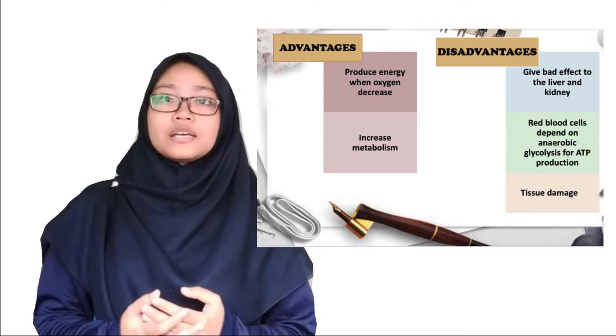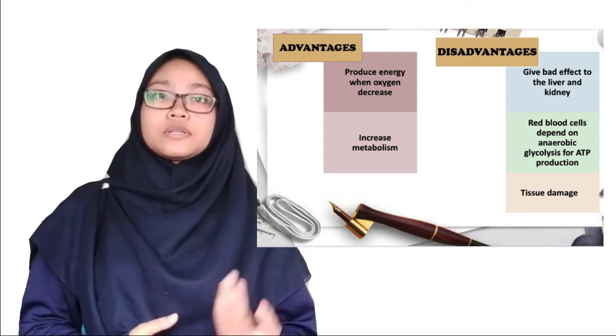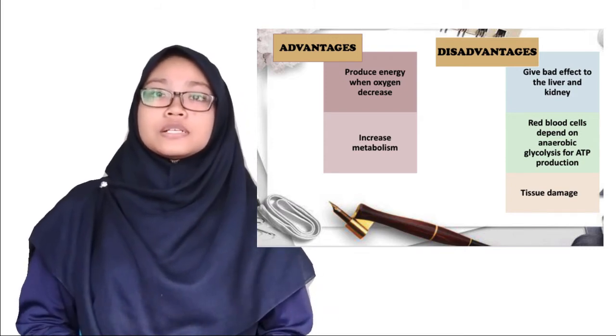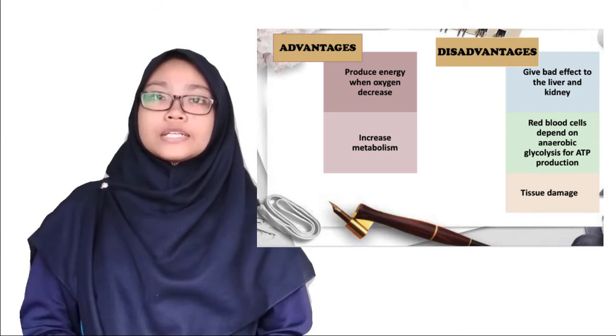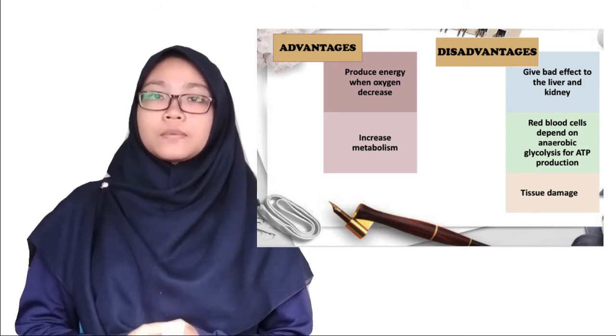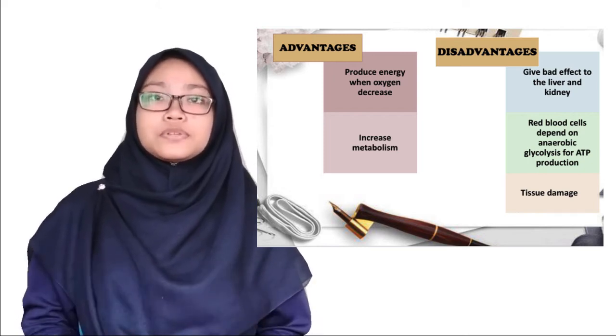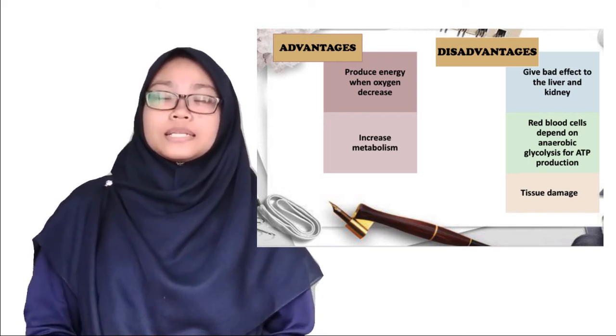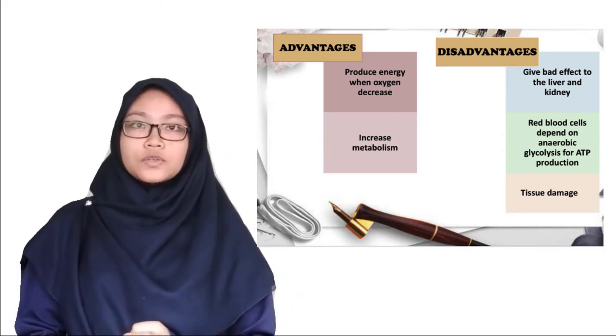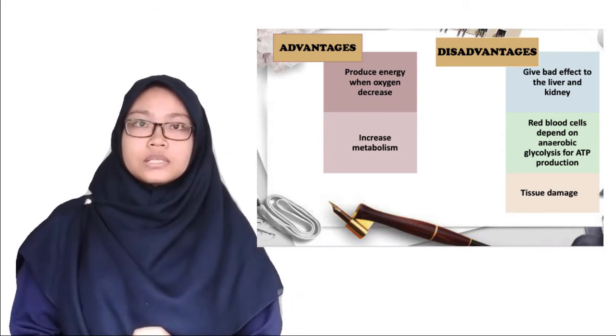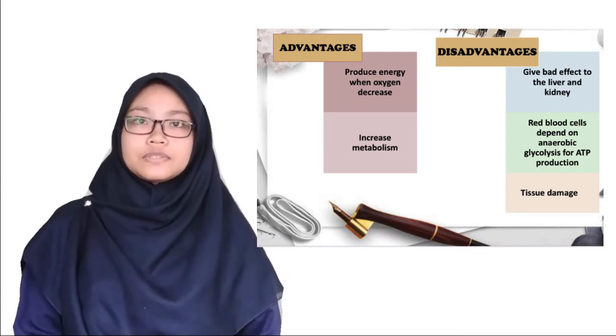Other than that, the Cori cycle also increases metabolism in our body. If vigorous activity continues, the body adopts an alternate metabolic route to get rid of lactate and keeps producing energy aerobically. The disadvantage of the Cori cycle is that it will have a bad effect on the liver and kidney.